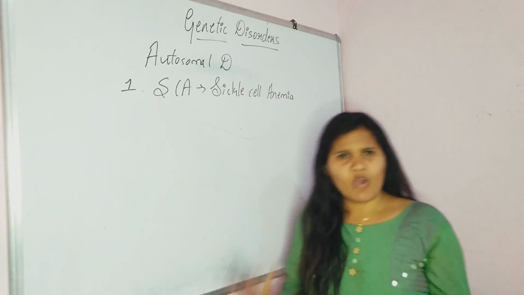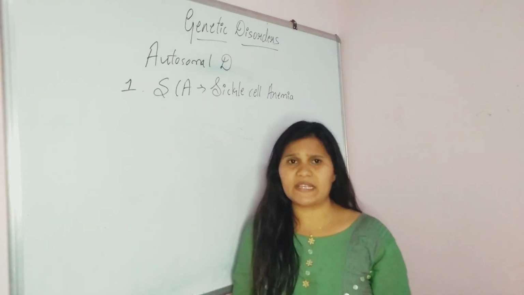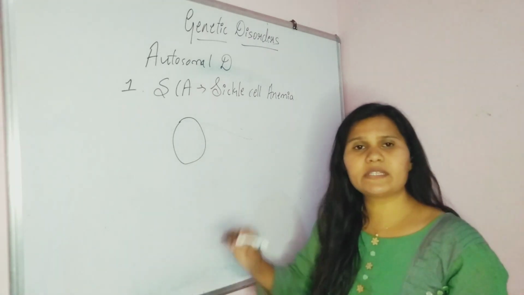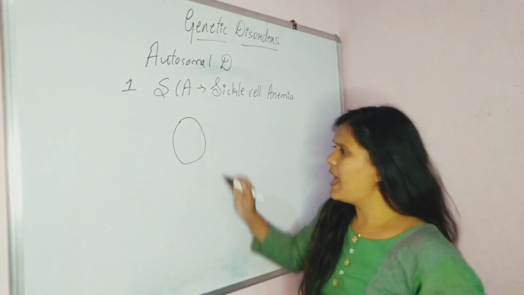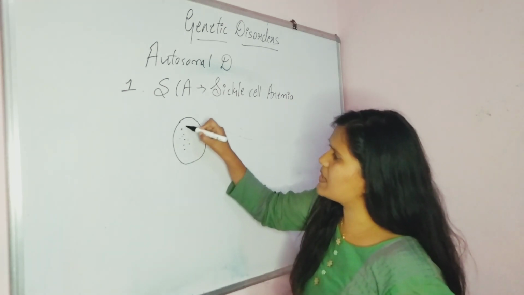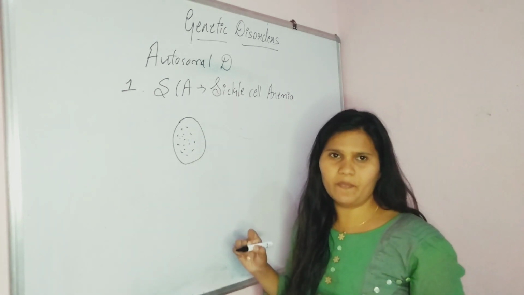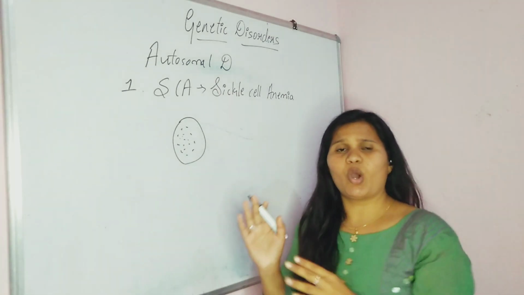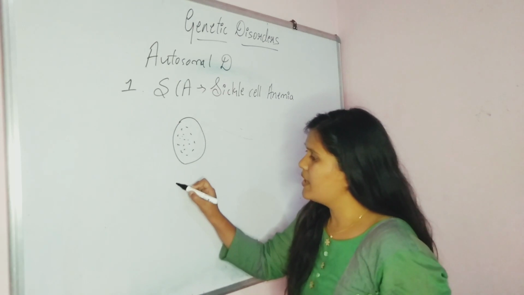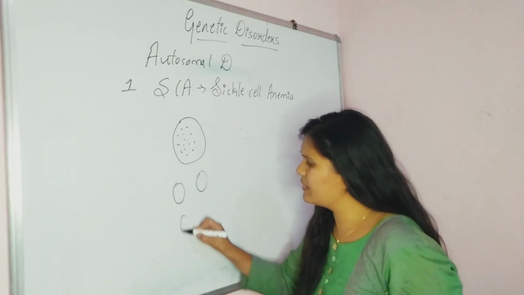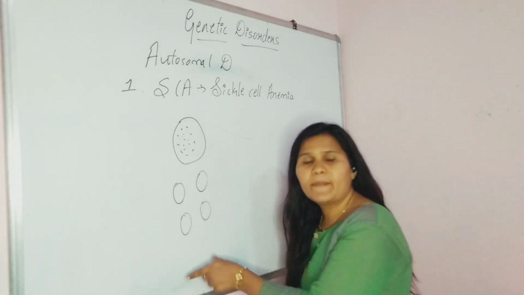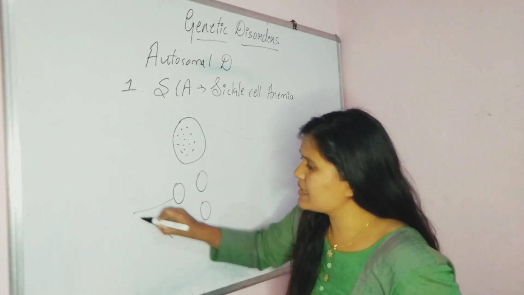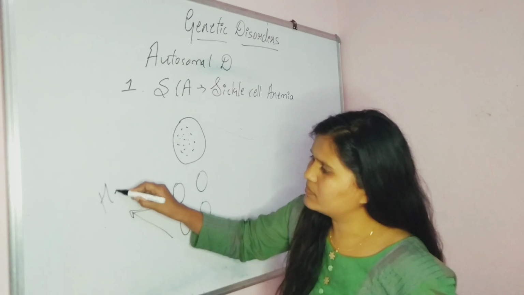We all know the hemoglobin which is present in the RBC. See, have a look over here. Think if this is the RBC cell and here is the presence of hemoglobin, okay? Think that these are the particles of the hemoglobin, and this is called the heme.